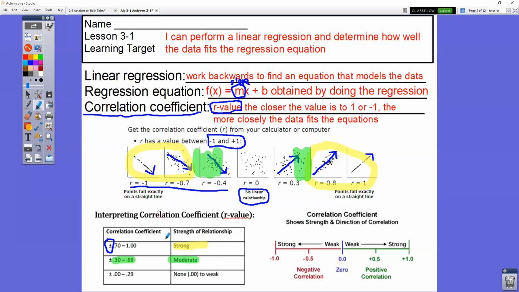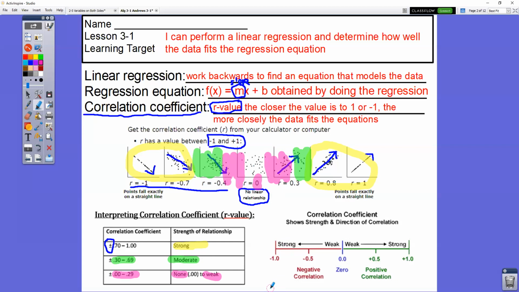Then we get closer and closer to the middle. As we get closer and closer to the middle, there is no relationship at exactly 0, but the other ones in between there are weak relationships. So strong relationships form more of a line.